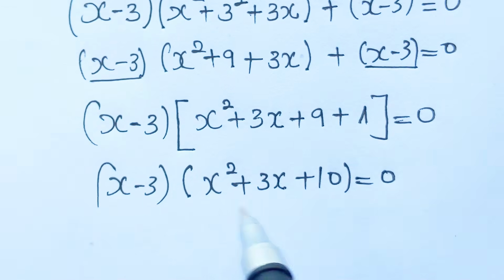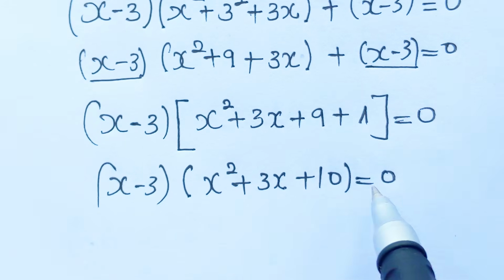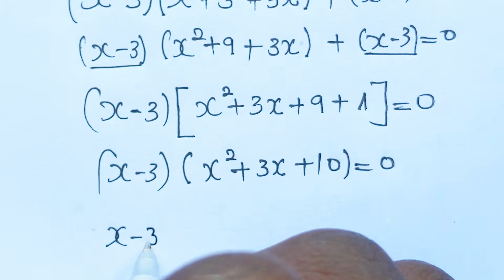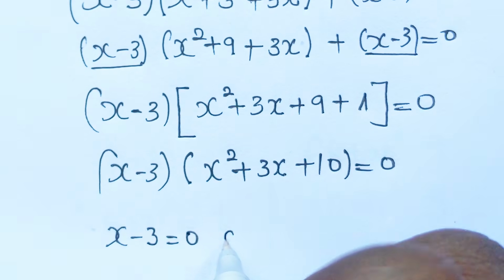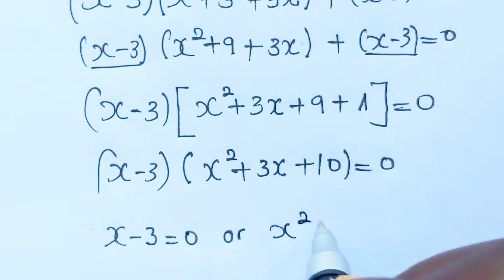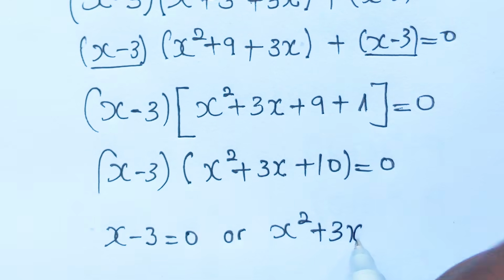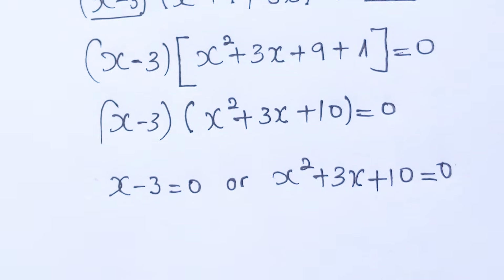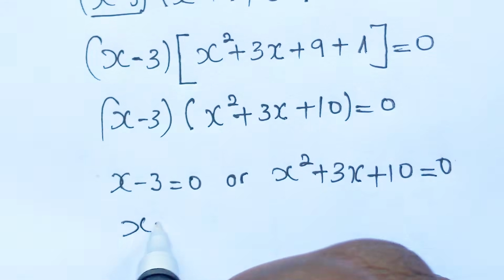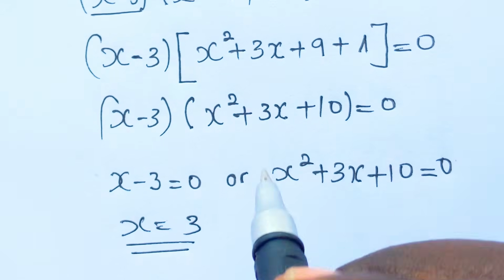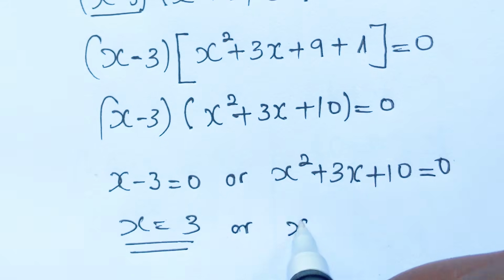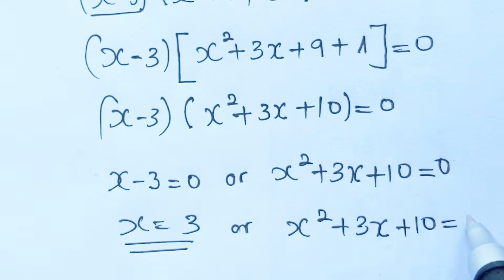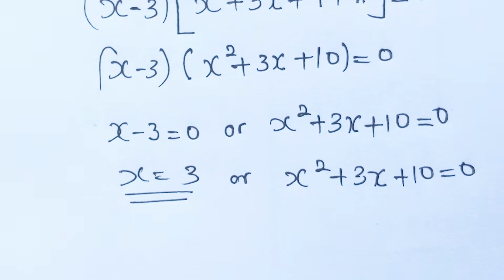And we are going to equate each factor to 0: x minus 3 will be 0, or x squared plus 3x plus 10 will be 0. So x equals 3, or x squared plus 3x plus 10 equals 0.